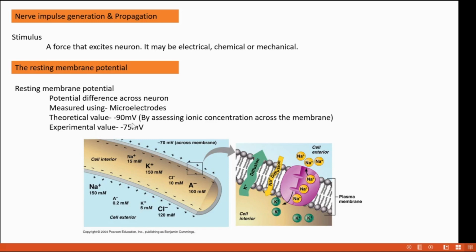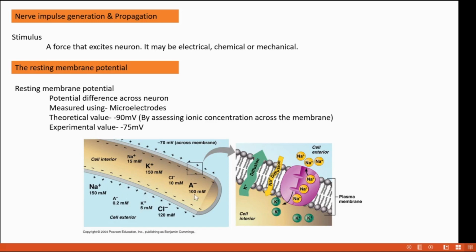This value is obtained by assessing the ionic concentration across the membrane. Experimentally, the obtained value is minus 75 millivolt, a higher value than this minus 90 millivolt. This is the experimental value, and we are always speaking about value around this one. Minus 75 millivolt is the resting membrane potential.